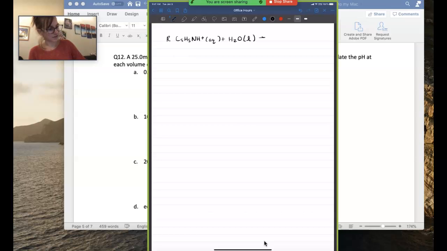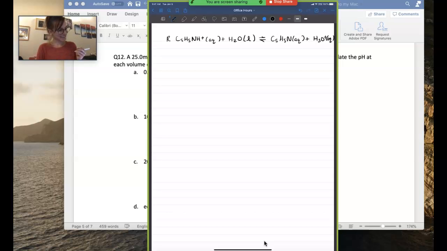So just any normal weak acid, the acid donates the proton, the conjugate base of that acid is pyridine, and therefore water is acting as a base. It's a proton acceptor. The conjugate acid of water is the hydronium ion. Okay.